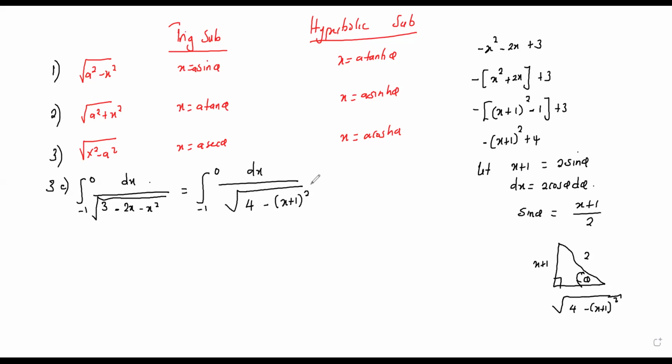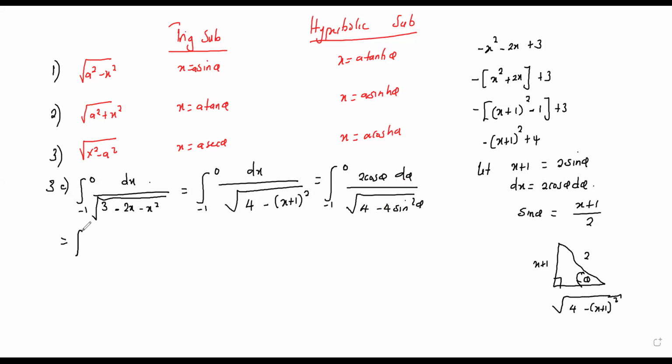And then now we can go this side and say, okay, so what we have is the integral with those limits. And then we have a dx, which is 2 cos theta d theta over the root of 4 minus, when we square the x plus 1 it is going to come out as 4 sine squared theta.